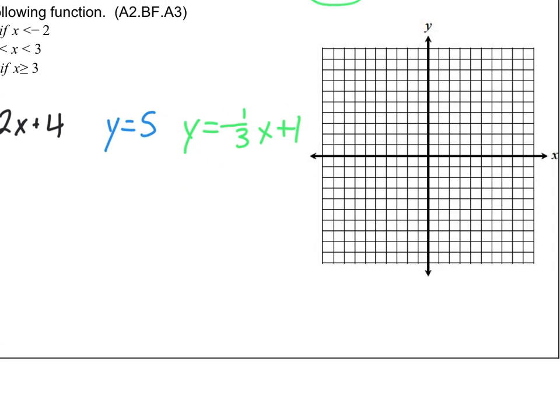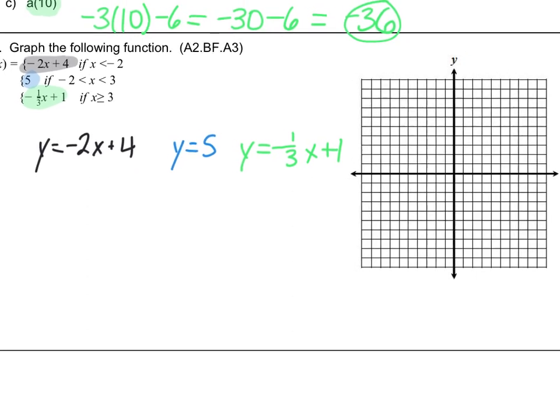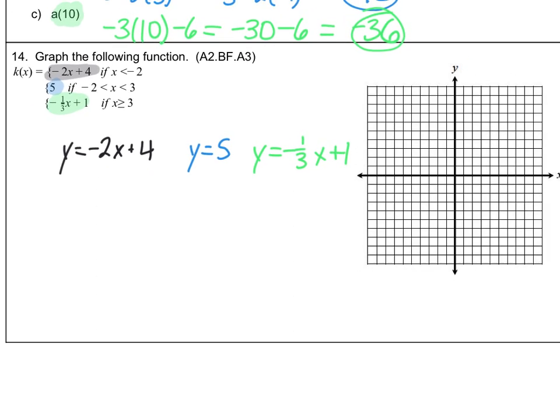So now I'm just going to start graphing those different pieces. But I'm going to pay attention to what their domains are, because I don't need to graph the whole line. So for this one, my b value is +4, my slope is down to the right one or up to the left one.